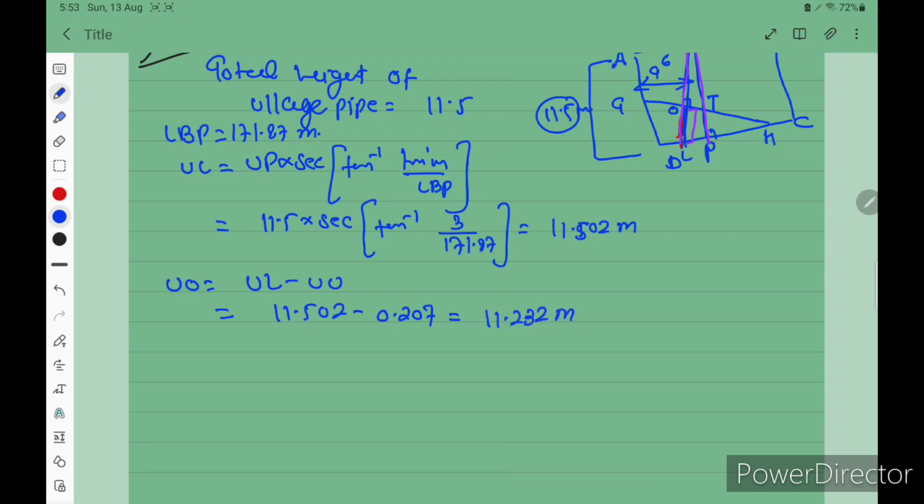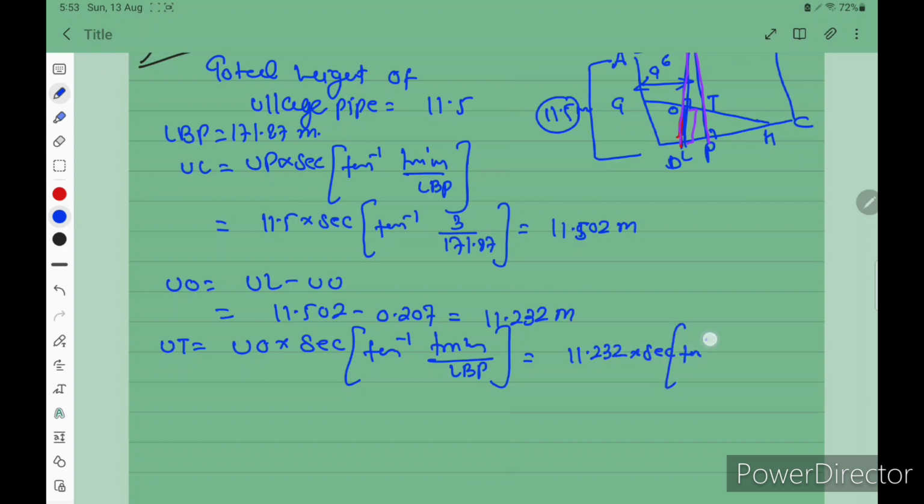Now we have the UO, we have the UP, so we can find our UT. So UT is equal to UO into sec tan inverse trim by LBP. So UO is 11.232 into sec tan inverse trim is 3 divided by 171.87.